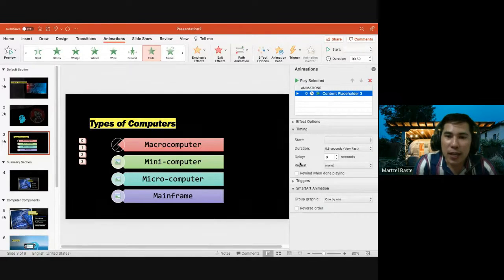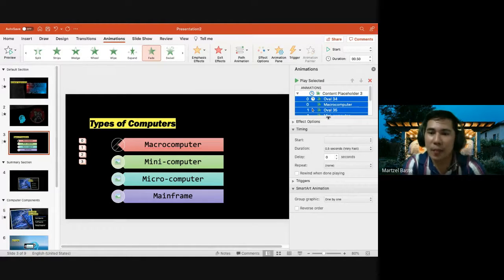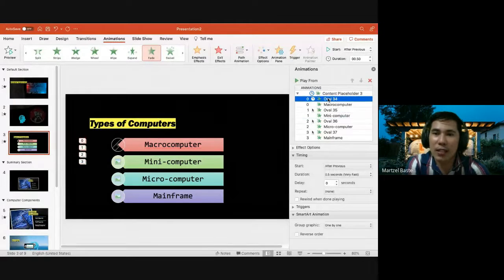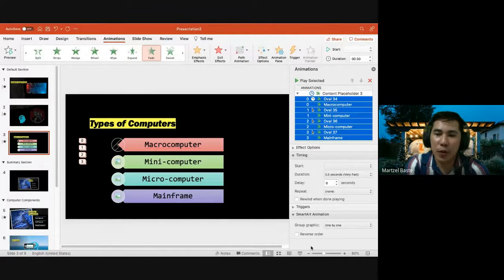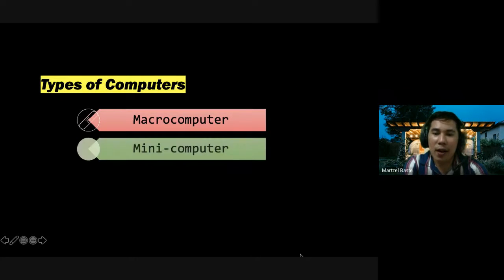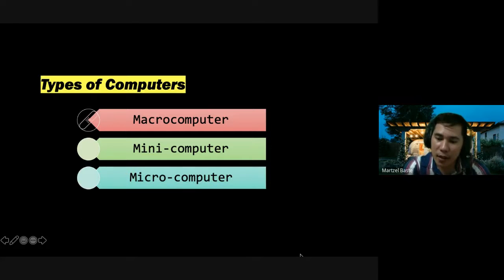Once naka-click nimo, 0 1 2 3, that is the sequence or order. Pero that's every after on click. So mahibal-an nimo na pag dili siya on click, 0 na tanan. And then on click, on click, on click.